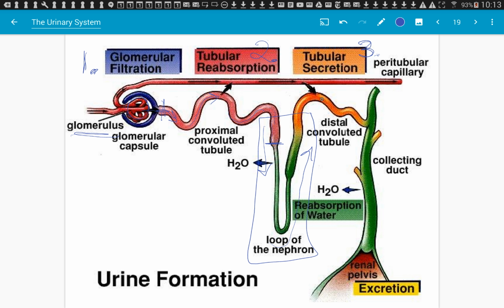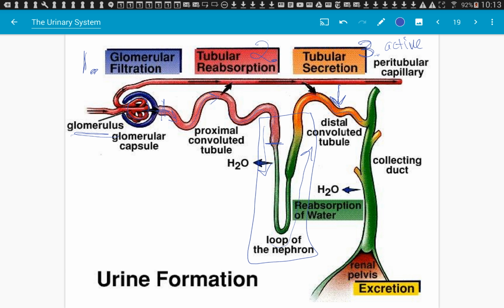And then the last phase, tubular secretion, happens in the distal convoluted tubule. Remember, the distal convoluted tubule is shorter than the proximal convoluted tubule. And in tubular secretion, remember, active transport occurs here, and you are actively transporting certain substances back into the nephron.